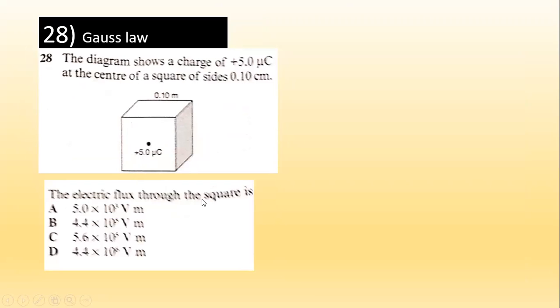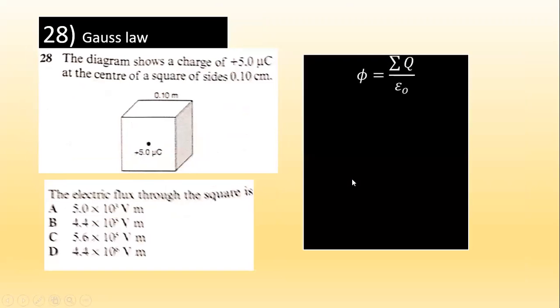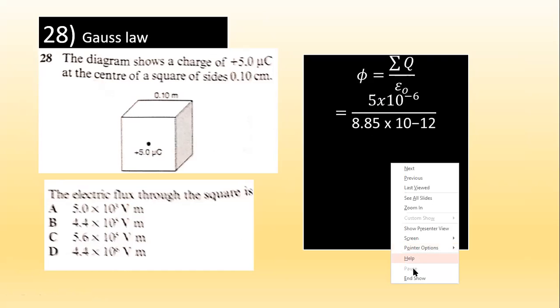The electric flux through the square is asked. Then there's your Gauss's law: flux is the sum of the charge inside divided by epsilon naught. The charge inside is 5, change it to SI units. And then there is your epsilon naught, which should be minus 12.